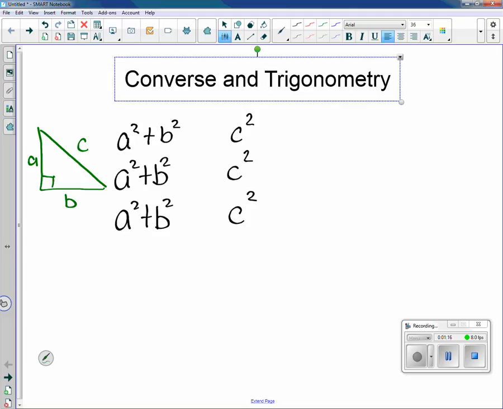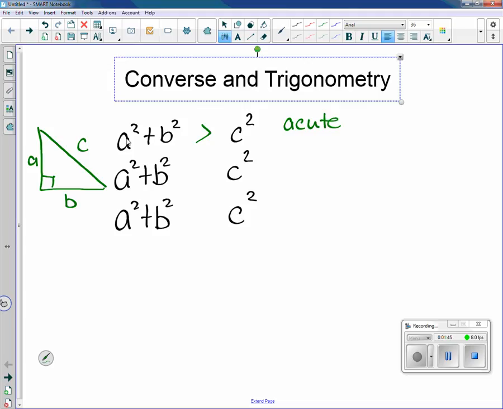Did I lose anybody? If the two smaller sides, when I square them and add them together, are bigger than the larger side, then the smaller sides won, which is acute. Like an acute little angle.